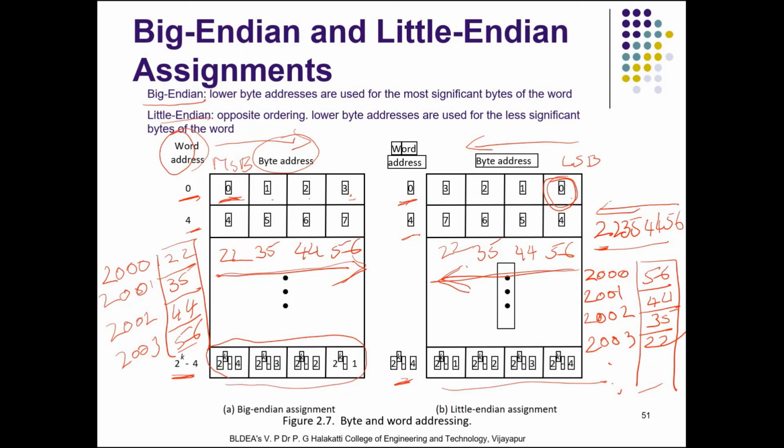Okay, so you can expect one sure question on this, a fixed question: difference between big endian and little endian. At that time you have to tell the difference between the two, and you need to draw the diagram with proper labeling and with one example. Then only you will get full marks.